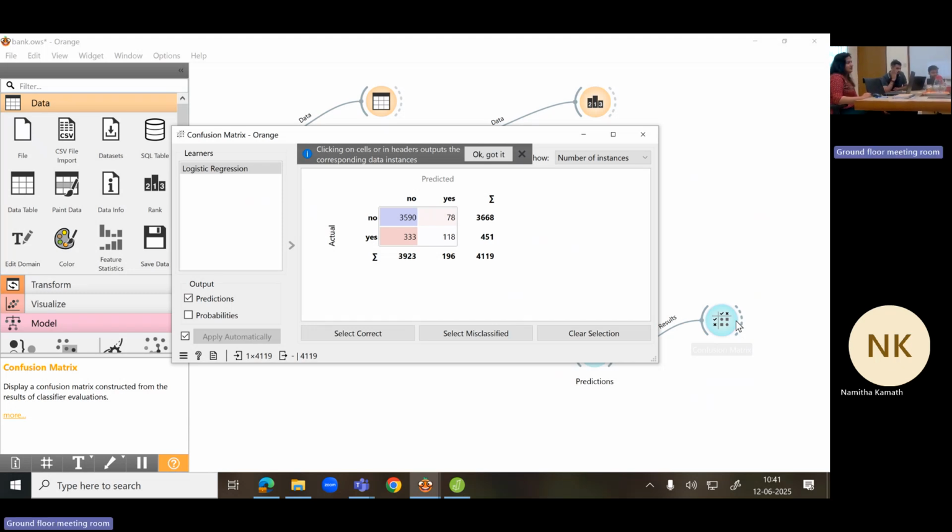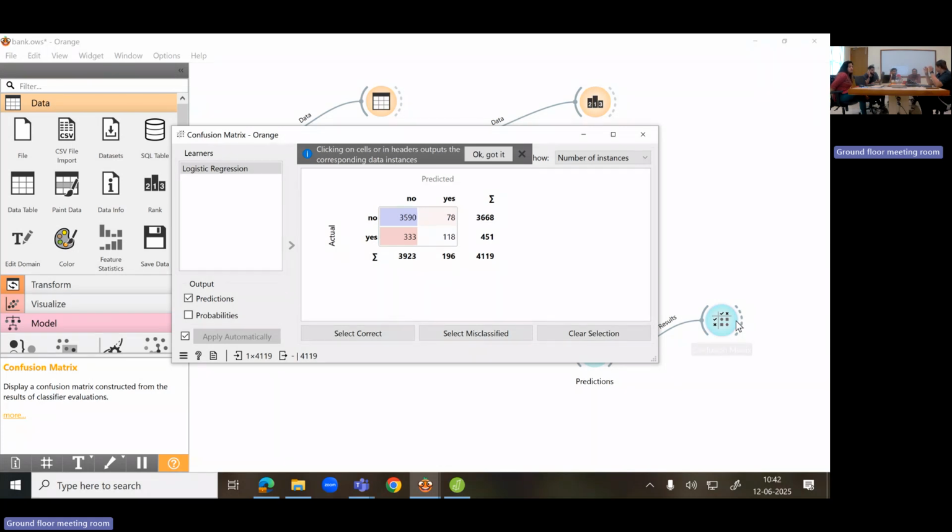The confusion comes in the quadrant where you have 333. What is that? It is actually yes, but predicted as no. But before going there, if the positive class is yes, what is the negative class here? No. So what is 3590?